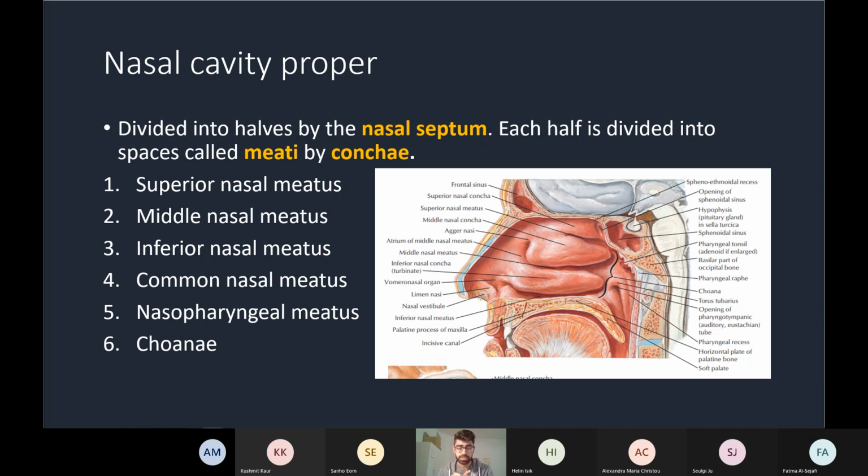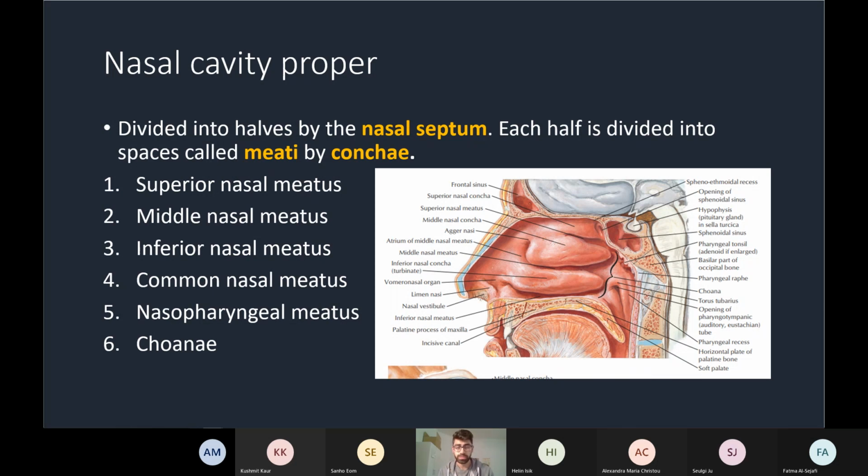The sphenoid sinus and the posterior ethmoid air cells. Into the middle nasal meatus, the maxillary sinus, frontal sinus, and anterior ethmoid cells drain. And they drain through two very small structures, which I'll show you in the next image, so I won't mention them right now.